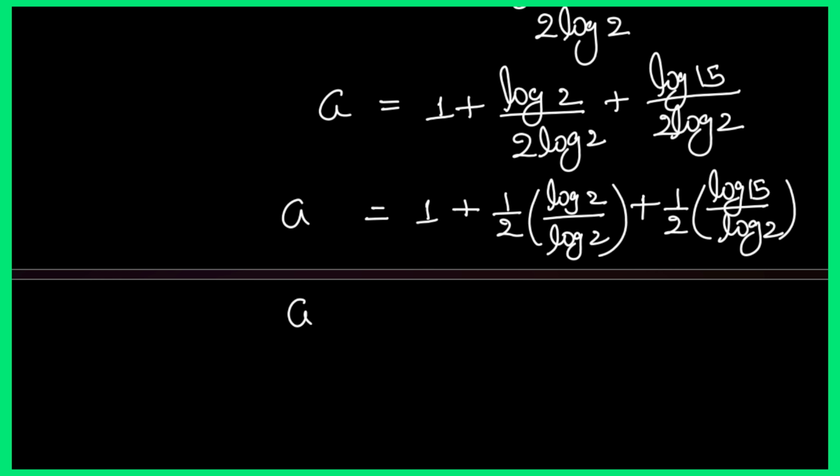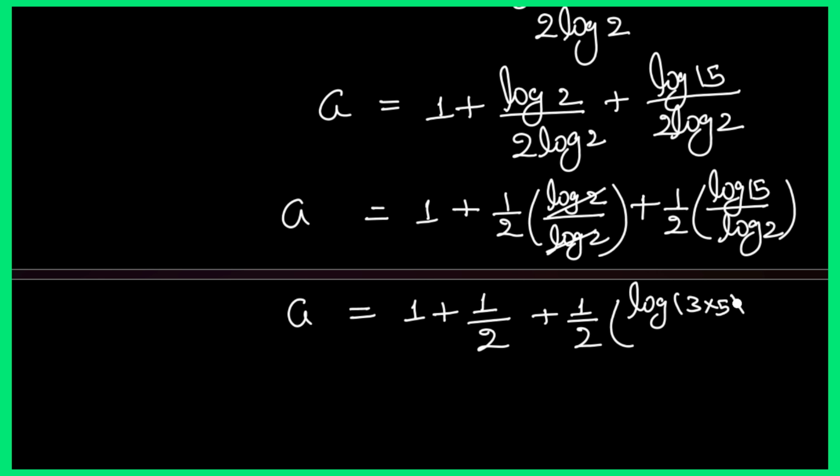Now log 2 over log 2 cancels out, so 1 plus 1/2 plus 1/2 times log 15 over log 2, where log 15 can be written as log (3 × 5).